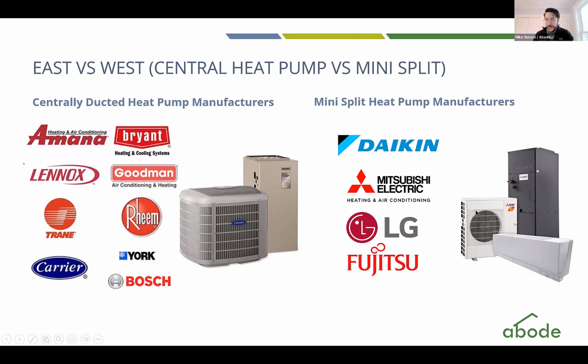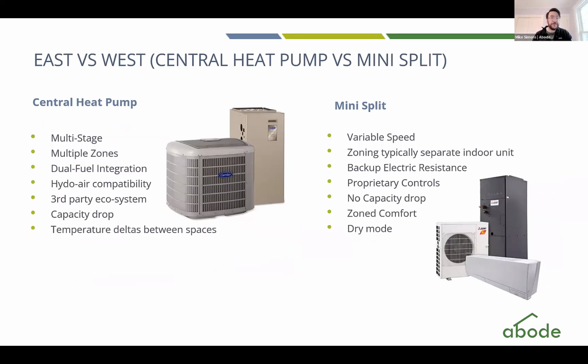If I see something that looks like this, it's going to be from an Asian manufacturer. It'll be a mini split, and it'll likely have very similar performance. Some of the benefits of the two types: central heat pumps can run at multiple stages, so it could be low or high, or low, medium, and high.